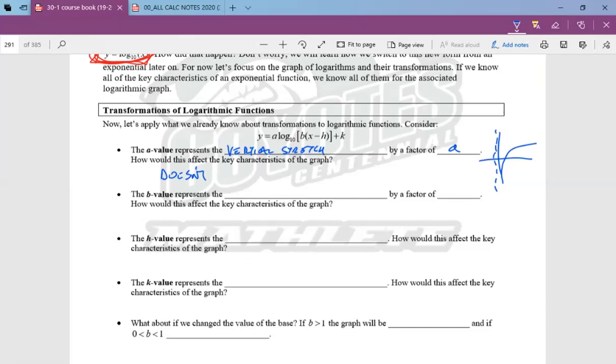If we have a b value, b ends up being a horizontal stretch, no surprise, about the y-axis by a factor of 1 over b. If we horizontally stretch it, it stretches the x-intercept by 1 over b.